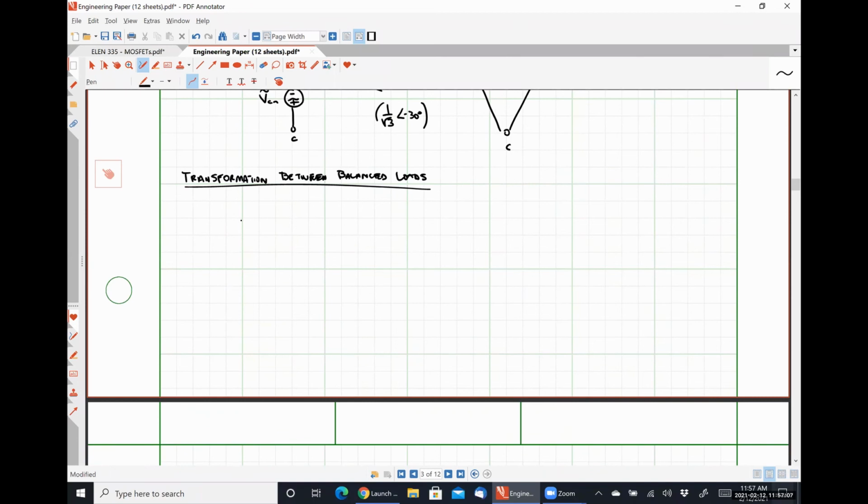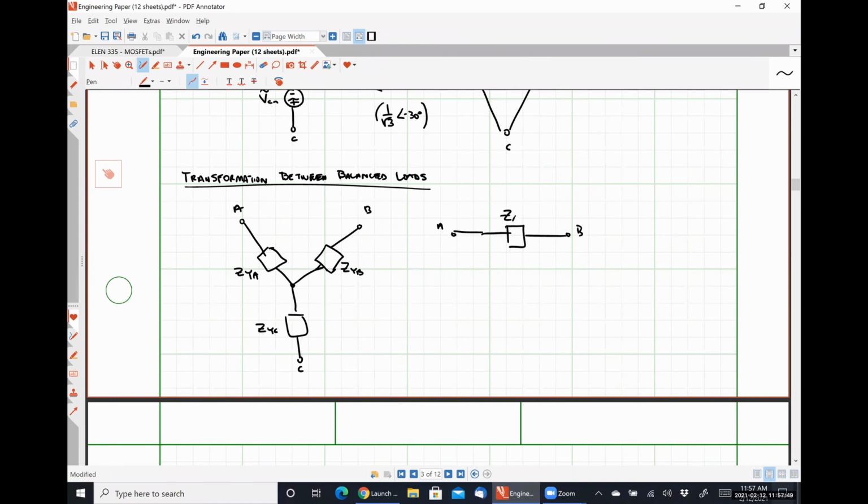So let's say that I have A, B, C. So I have a Y connected load like so, and I have a delta connected load like so.